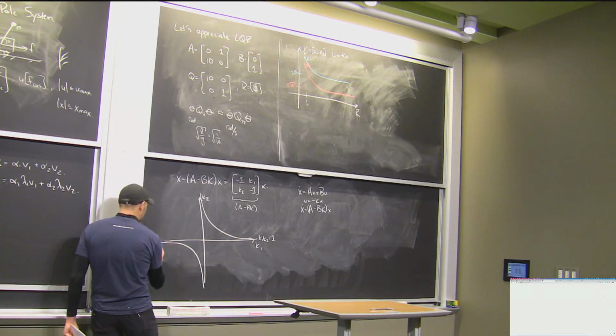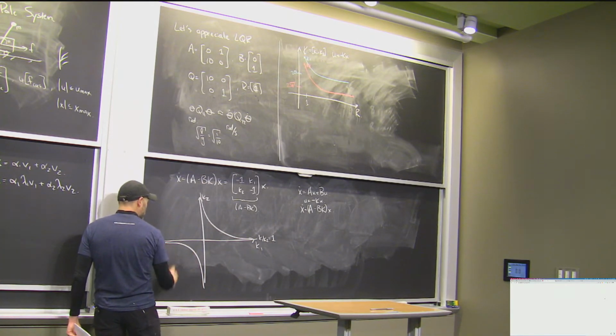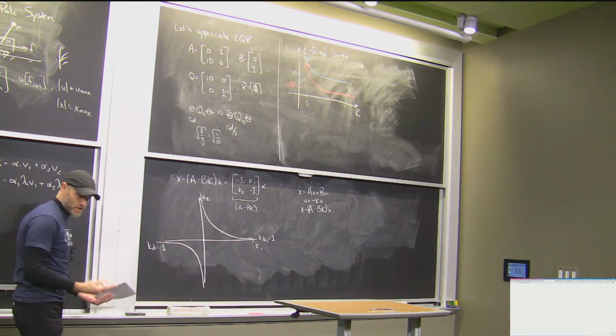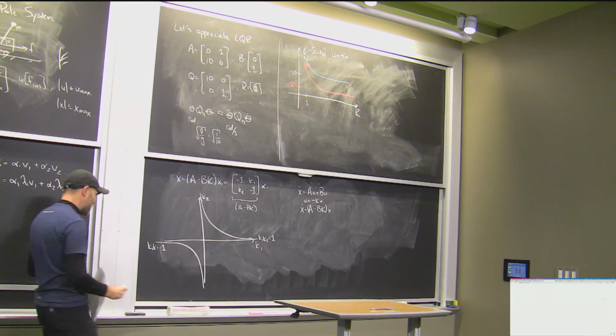This is K1, K2 equals negative 1. Some of you have done this in linear control and recognize those kind of terms that pop out.